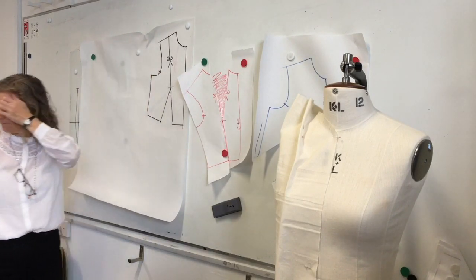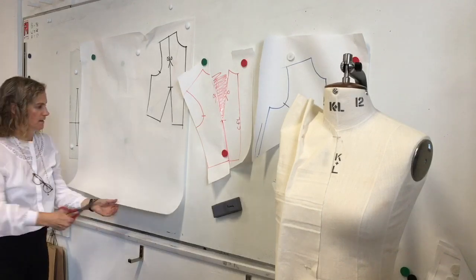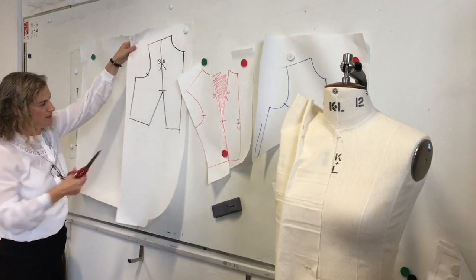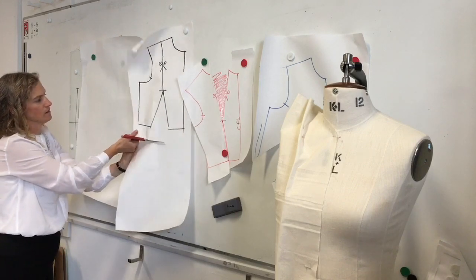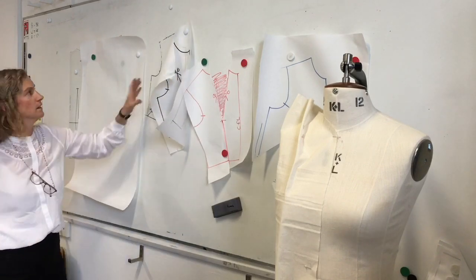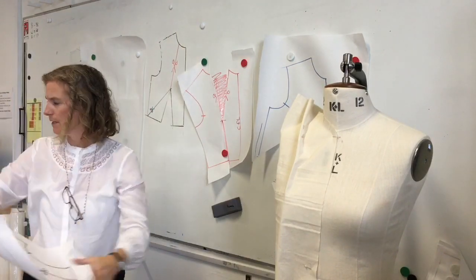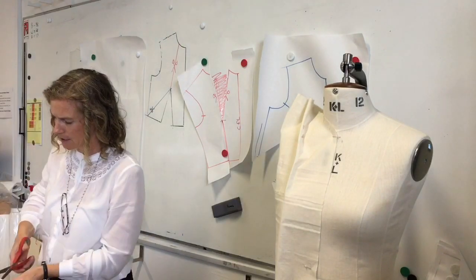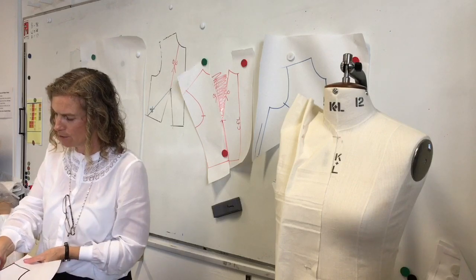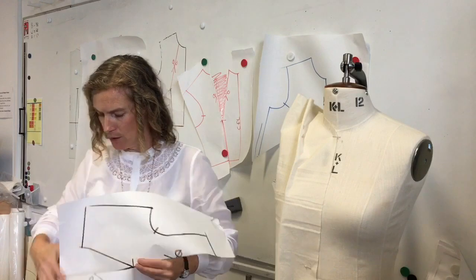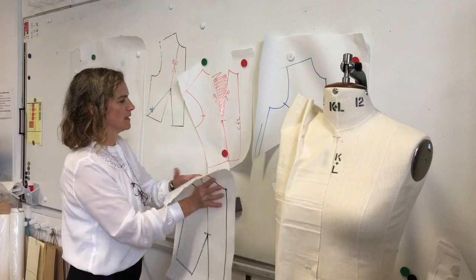In this case, I'm going to cut down, but I'm not going to close, I'm not going to fold over my whole dart. So I go, okay, I'm cutting there, and I'm only going to fold a little bit.